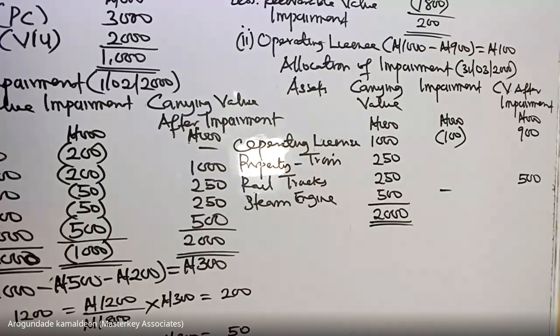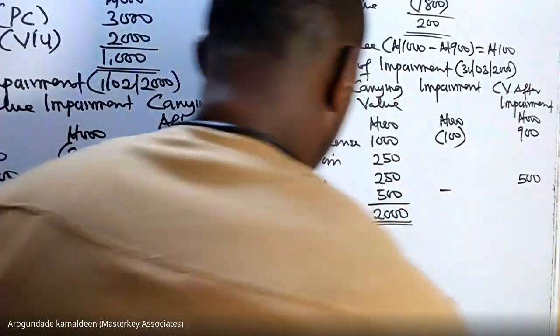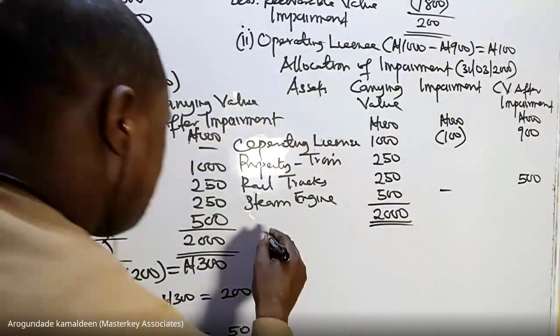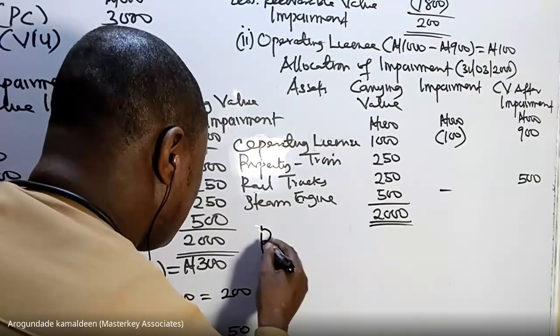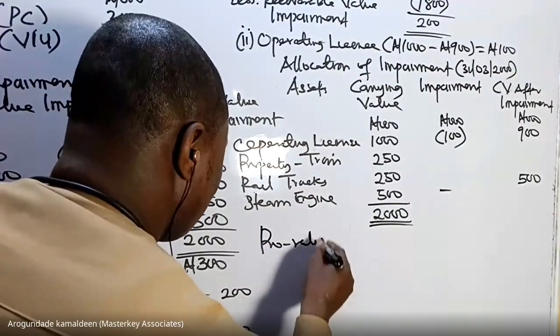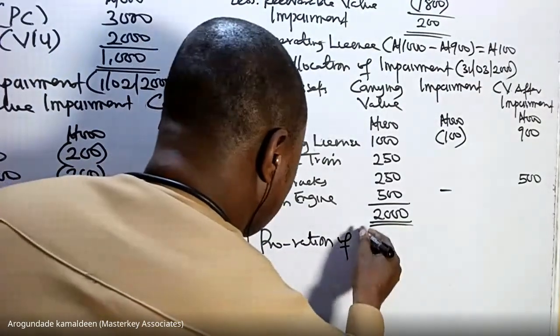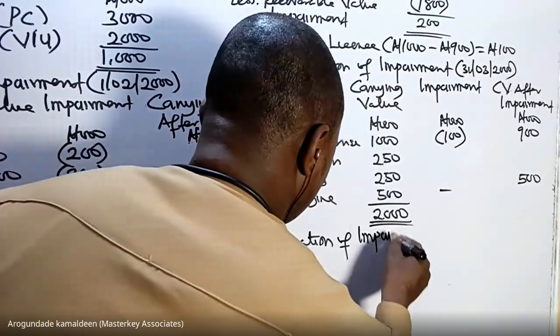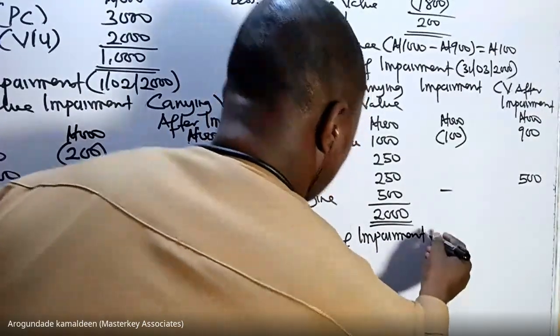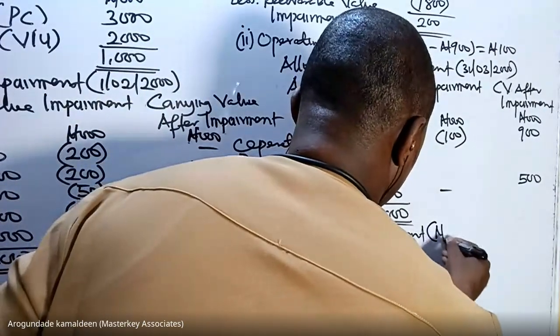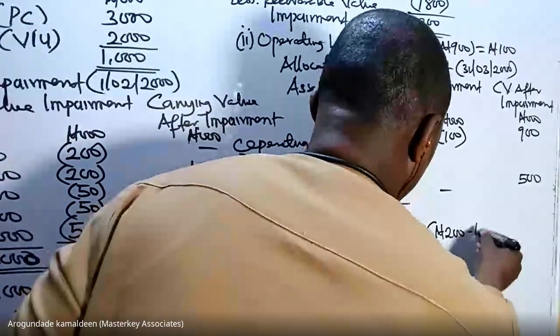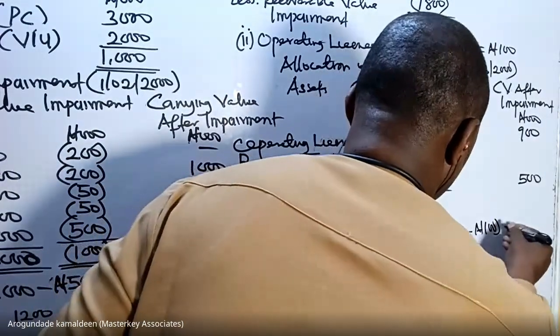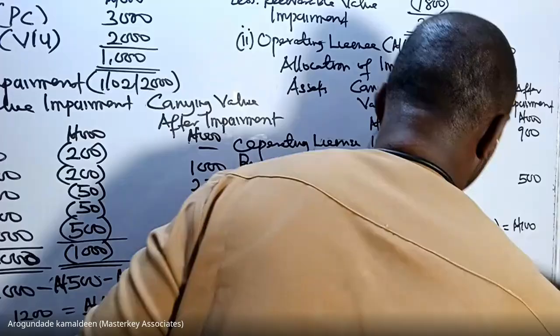So, proration of impairment: from the total of the 200, the license has taken 100. I'm having 100 left.